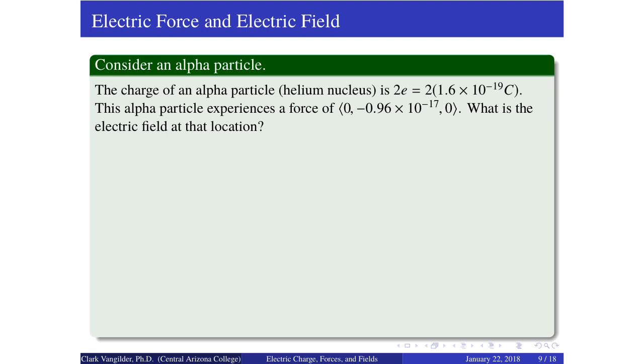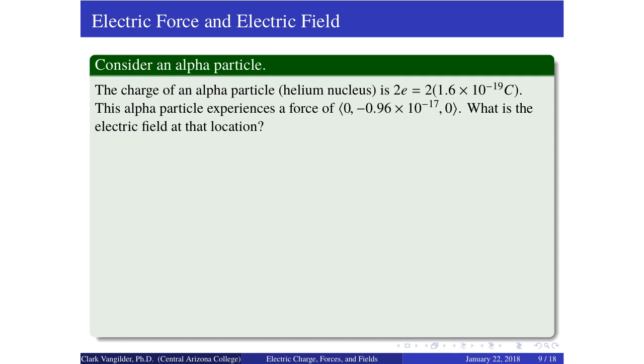All right, another problem. This one is getting a little bit more specific and not so plain Jane. An alpha particle, or a helium nucleus, has a 2e charge on it.